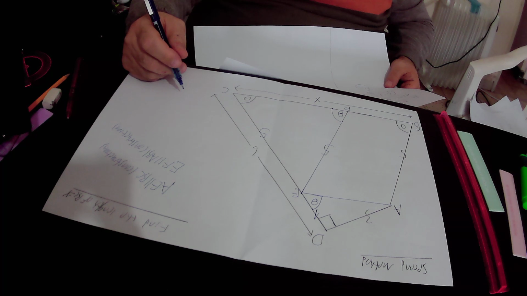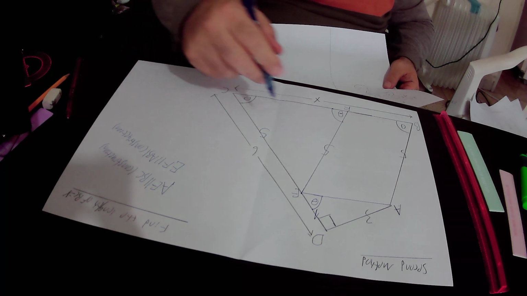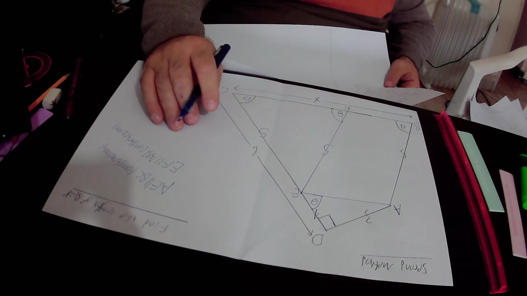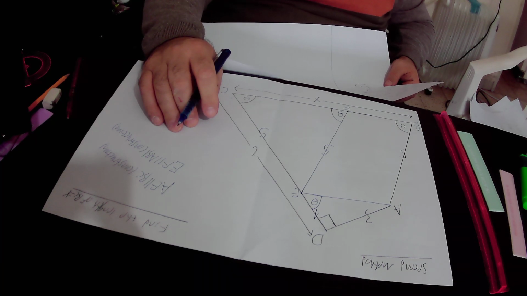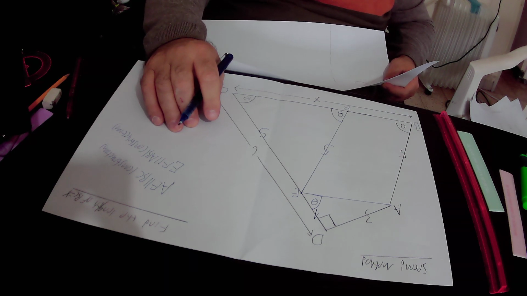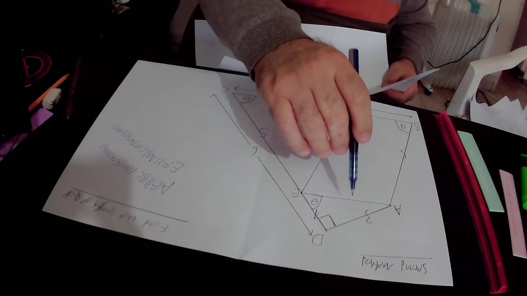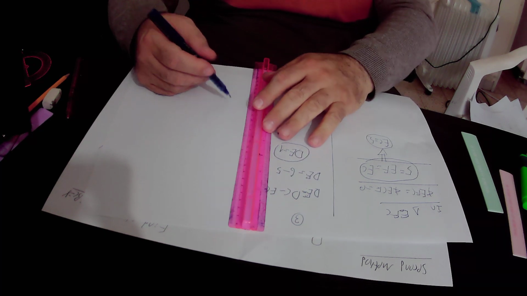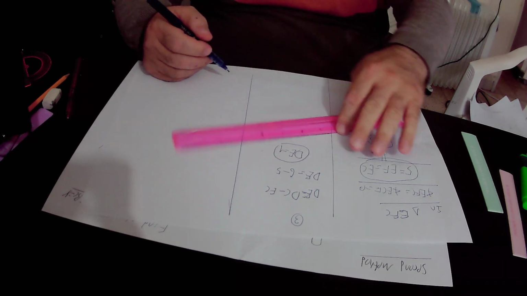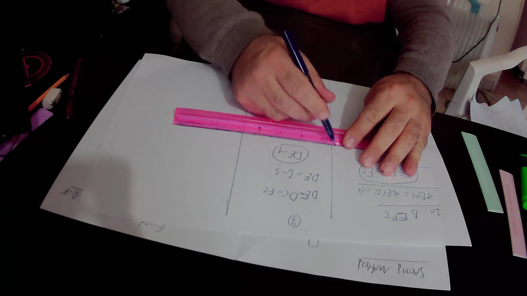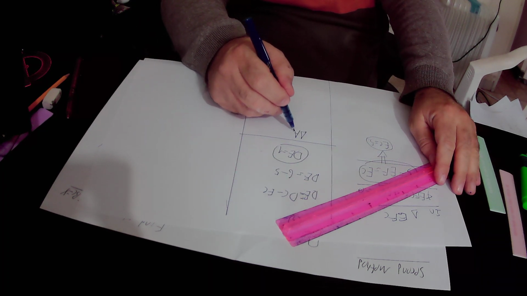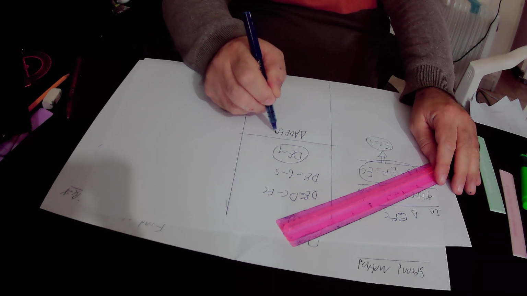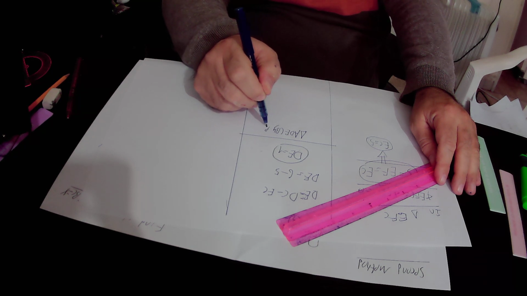Therefore, in the small right triangle ADE, the only missing side is the hypotenuse, and we use the Pythagorean theorem to find it.